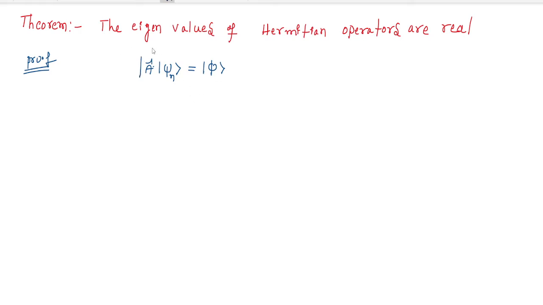This type of equation we call a transformation equation. Or in case you apply the operator A on this wave function, it gives the same wave function multiplied by some constant value.